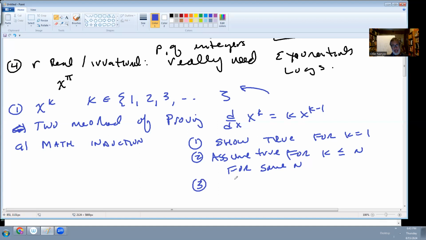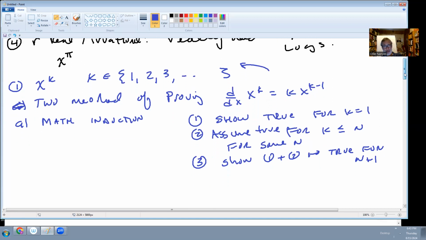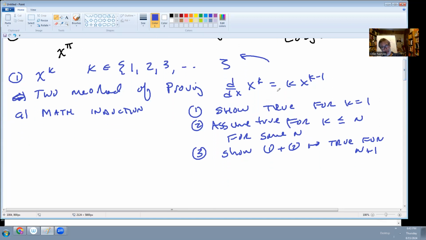Then show that 1 plus 2 implies true for n plus 1. That basically means there's no value for which the rule will fail. So 1 says it works for the first one. 2 says assume it works up to some n, and then we'll show that it has to work for n plus 1.